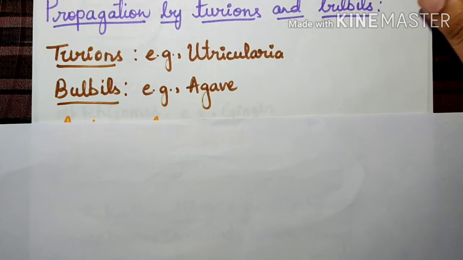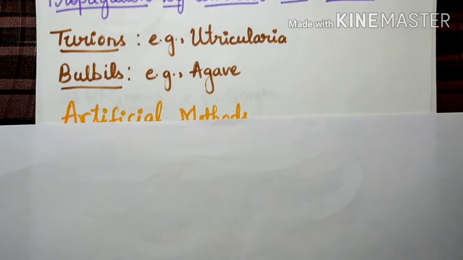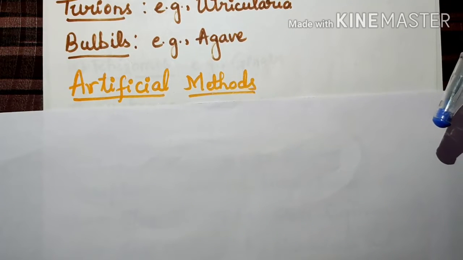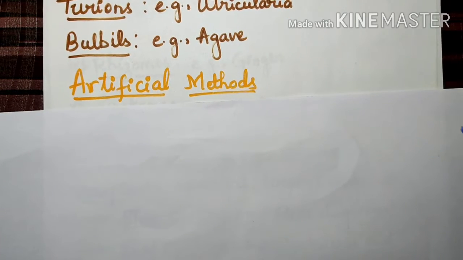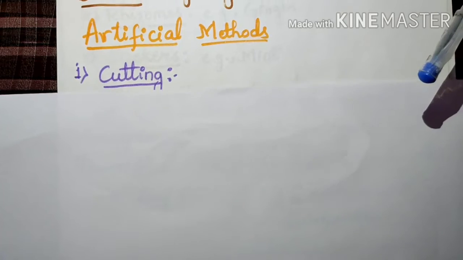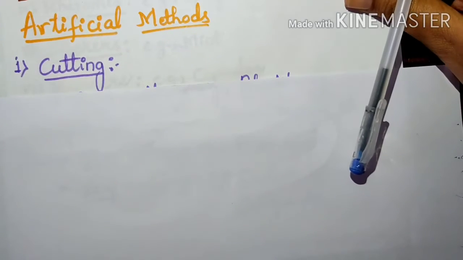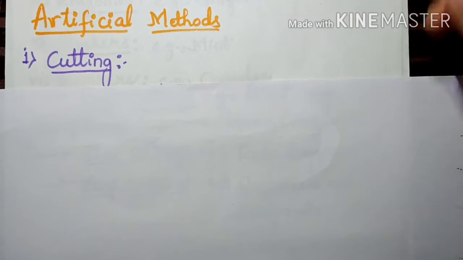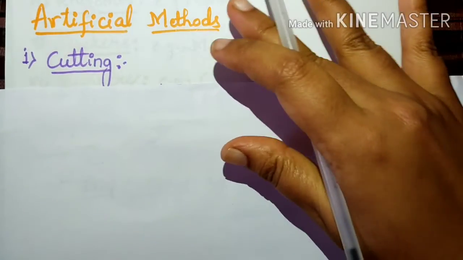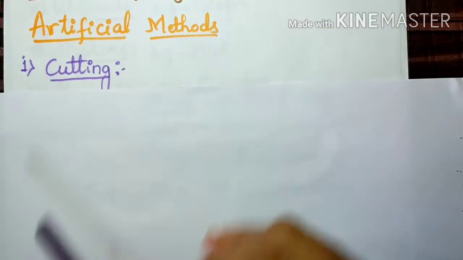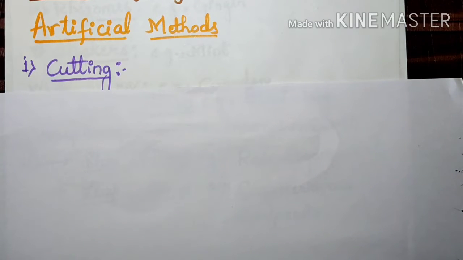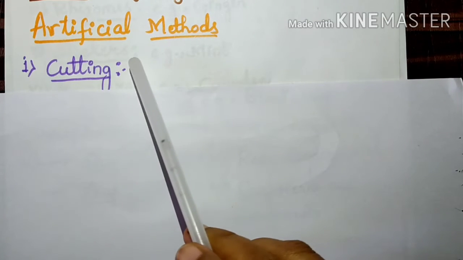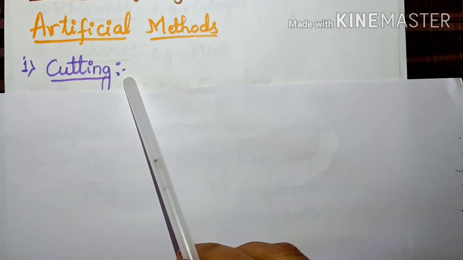Next we are going to study the artificial methods of plant propagation. That includes cutting. In this method, a small piece of any plant organ, which can be stem, root or leaf, is used for propagation.